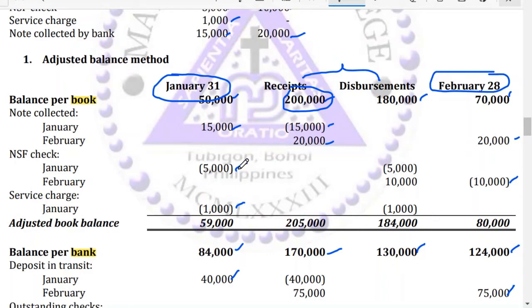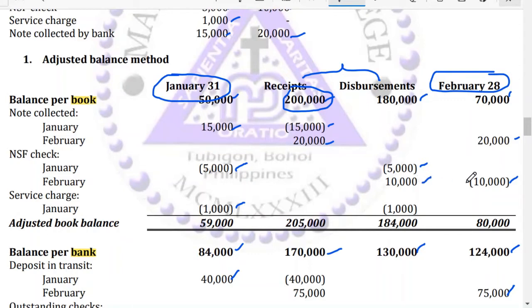However, malate man gud og record ang bookkeeper, kay malate man niyang receive ang bank statement, ma-appeal niya sa 180. So, para masakto, para di na niya ma-appeal, atong i-minus. Mo ni siya nga deduction. Okay? Next, how about for February? Nga NSF check. Oh, kay sa February man siya nga NSF, so dapat adto pud siya mabilong sa disbursement for February.